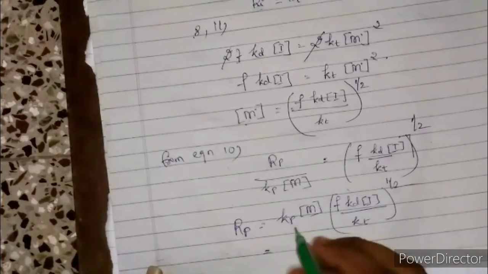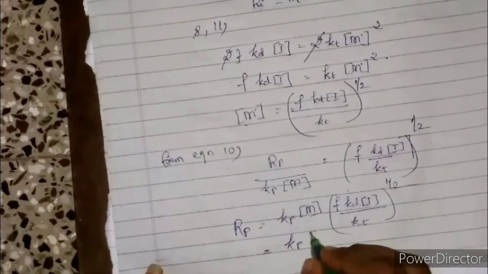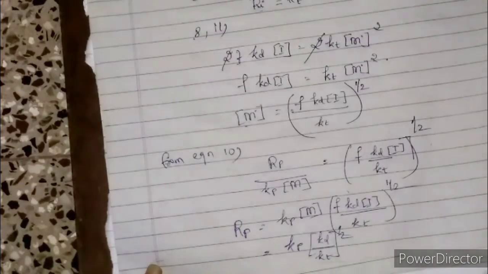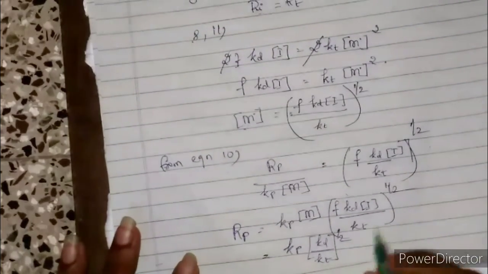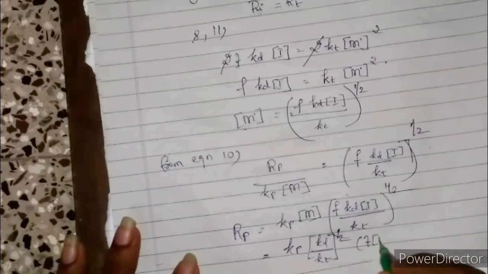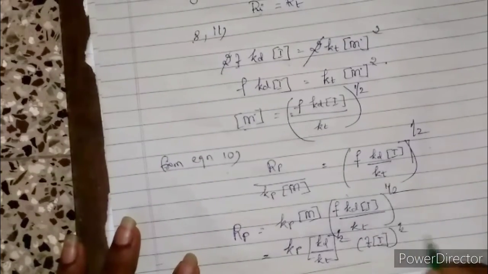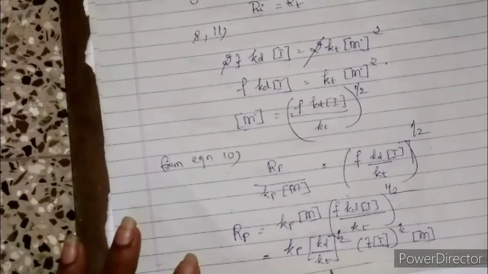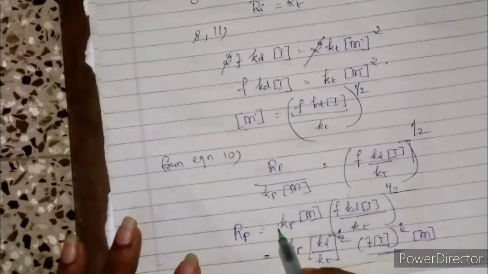You can simplify this one: Kp into Kd by Kt to the power half, and F concentration of I to the power 1 by 2 into concentration of M. I have just written it in a simpler way, or you can stop here also.